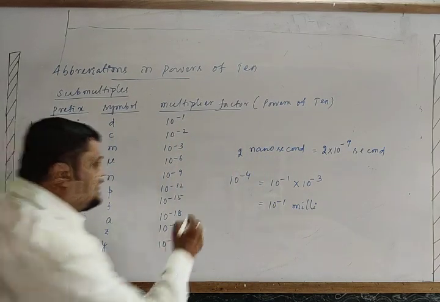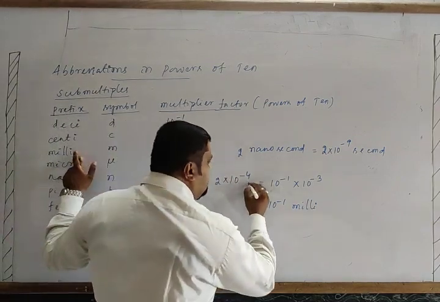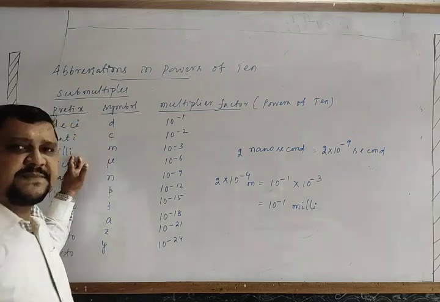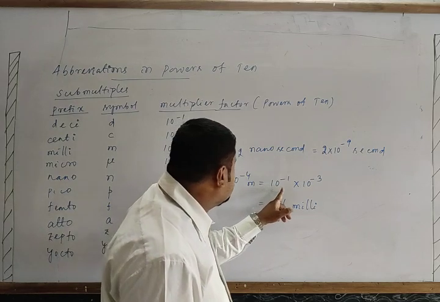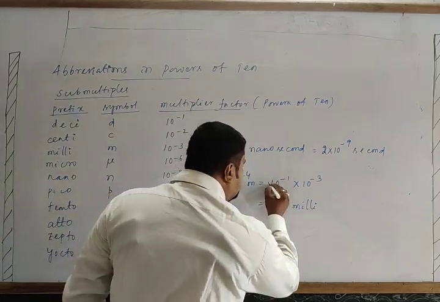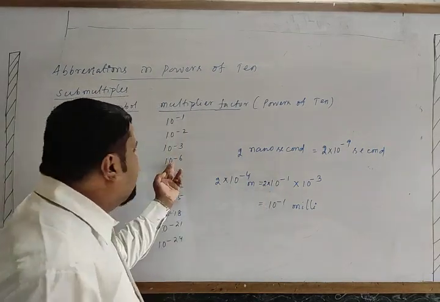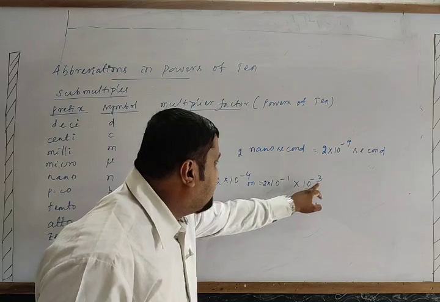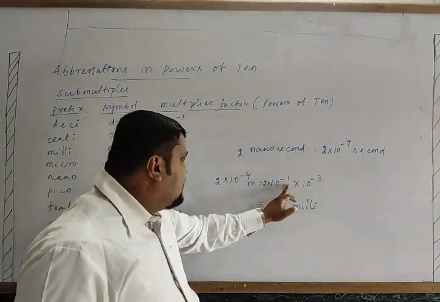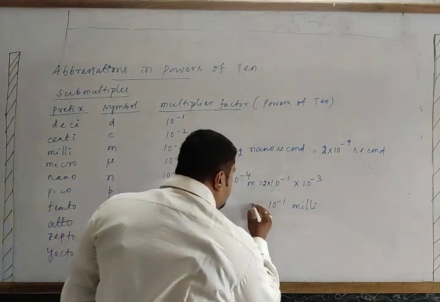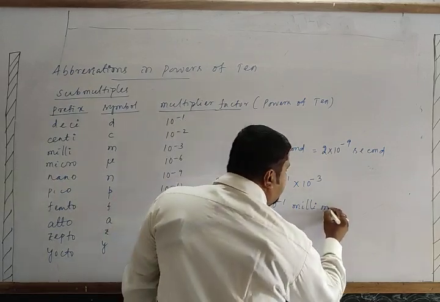Clear? Suppose this is 2 into 10 to the minus 4 meter. How will I express that in terms of a prefix? 10 to the minus 4 is not there, so I can reduce it like this, or I can go for 6. If I write this as 10 to the minus 6, then I put 10 to the power plus 2. So 2 into 10 to the minus 1 into 10 to the minus 3. This 2 stays as it is: 2 into 10 to the minus 1 millimeter.